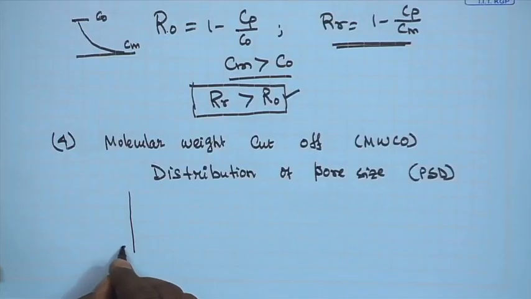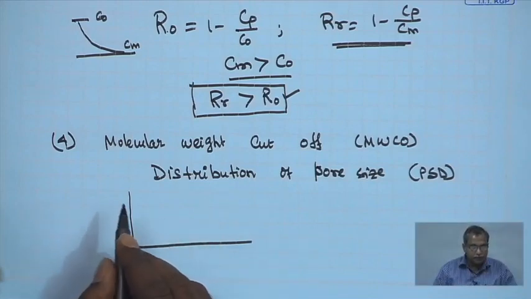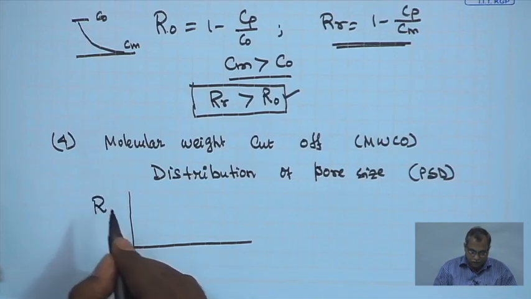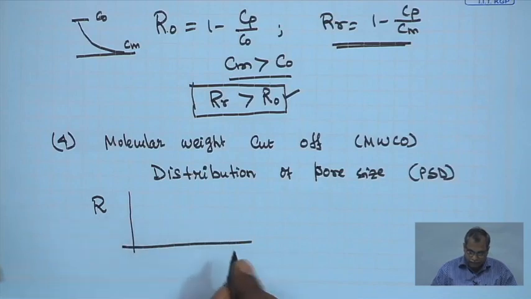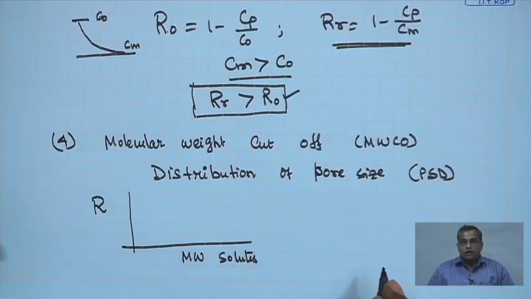Now, how is the pore size distribution calculated? This is calculated by measuring the retention versus molecular weight of solutes. What we do is conduct an experiment using several solutes of different molecular weights.